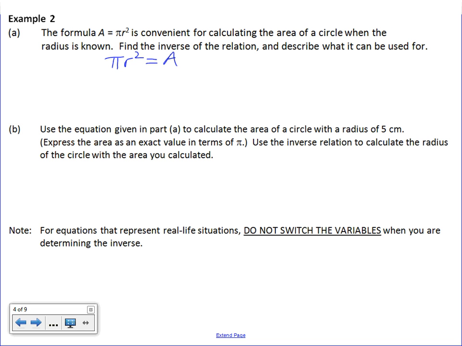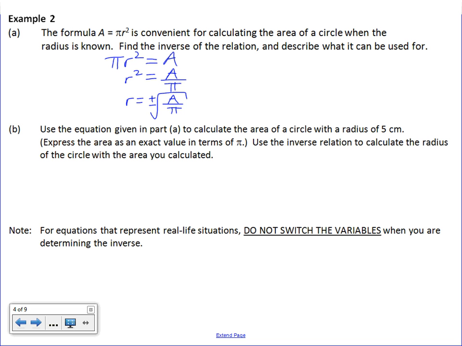First step would be divide by pi. And then what do I need to do? Square root. Now, to be properly mathematically correct, anytime you introduce an operation like square rooting into an equation like this, what happens? Yes, correct.